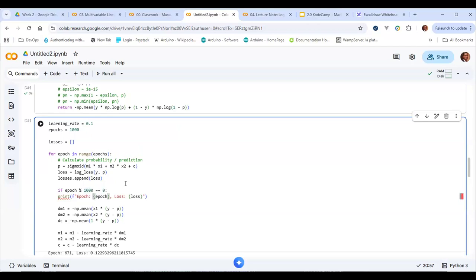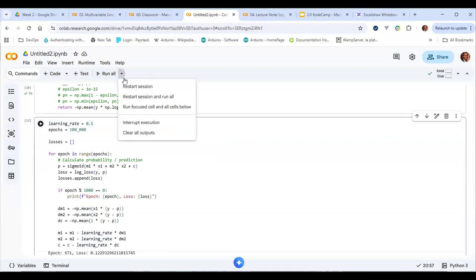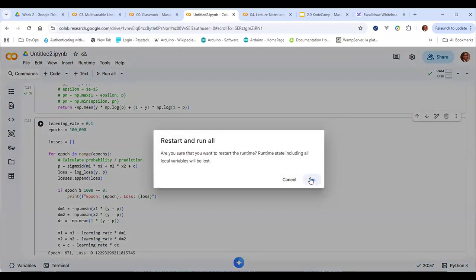So please, again, be careful when you are accepting Copilot's recommendations. Okay, 0.1 is a good learning rate, so I don't need to go to a million. I can just go to 100,000. Let's just rerun everything.